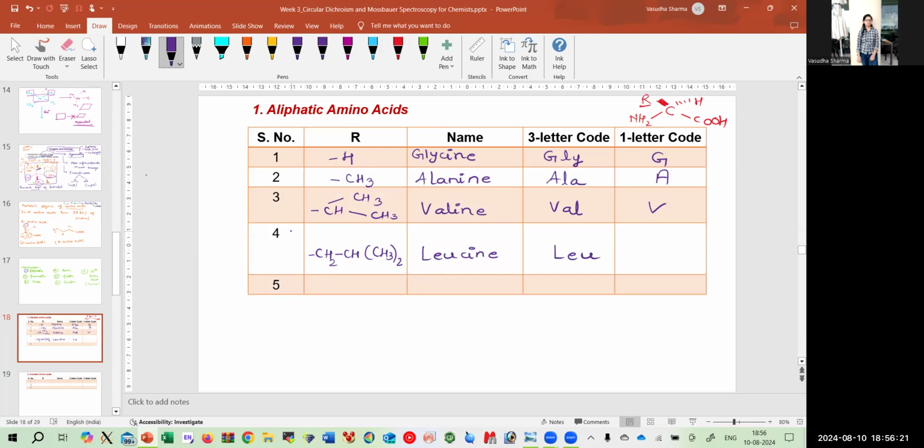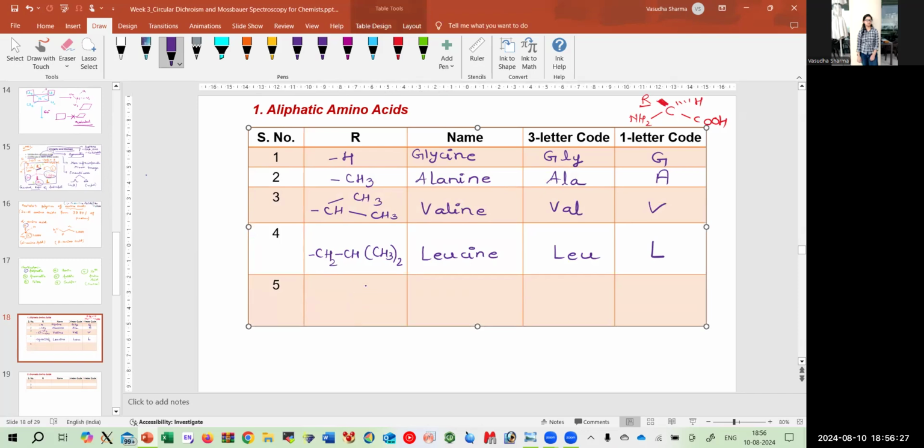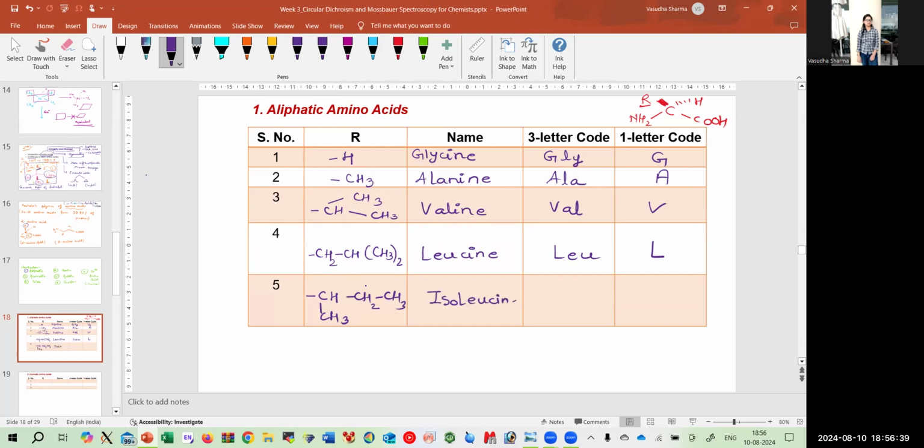Three-letter code is LEU, and one-letter code is L, followed by if we have CH, CH2, CH3, and here CH3, then it is isoleucine, which is ILE and I. So this is the classification for the aliphatic amino acids.